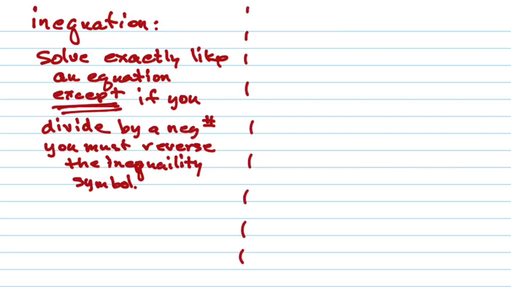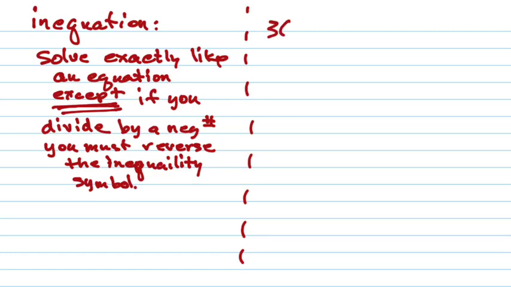Well, if you're a betting kind of person, and they give you an inequality to solve on an exam, and the only difference between an equation and an inequality is if you divide by a negative, then at some point, what do you assume is going to happen? You're going to divide by a negative. Otherwise, there's no point to giving you one of these. Okay? So watch for it. So let's look at our equation.